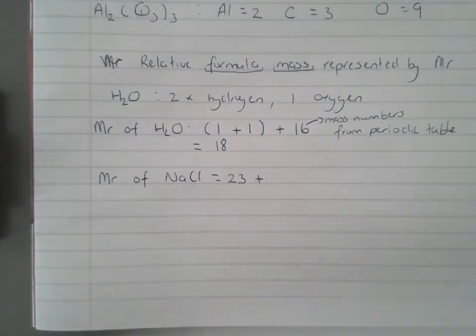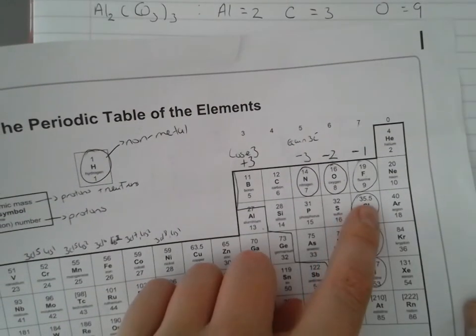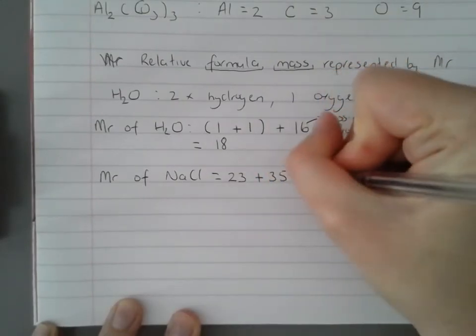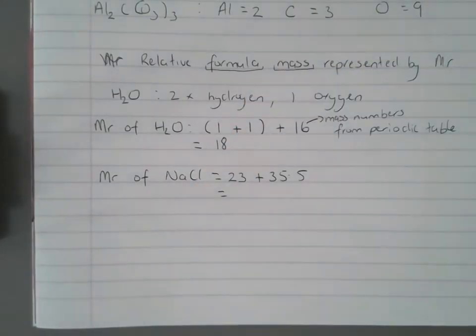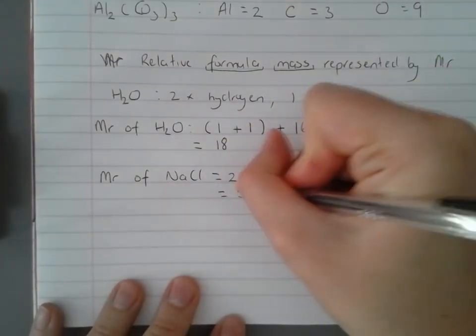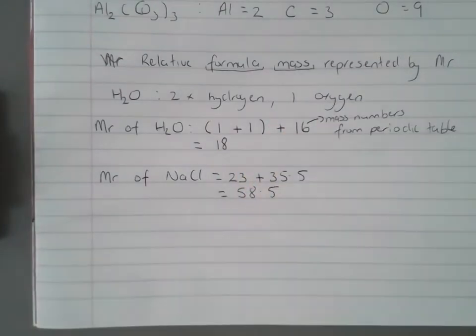Chlorine, the big number next to chlorine is 35.5. I've only got 1 chlorine, so I write down 35.5, and then I add them together, and I get 58.5, and that is the relative formula mass of NaCl.